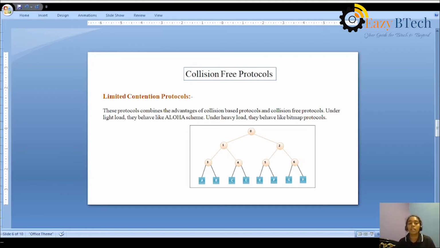So this is one type of protocol that combines the advantages of both collision based as well as collision free protocols. In collision based protocols, it uses an Aloha scheme. In collision free protocols, it uses bitmap protocols. See, this is a diagram.